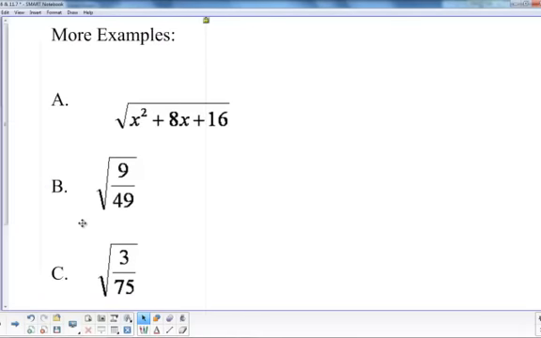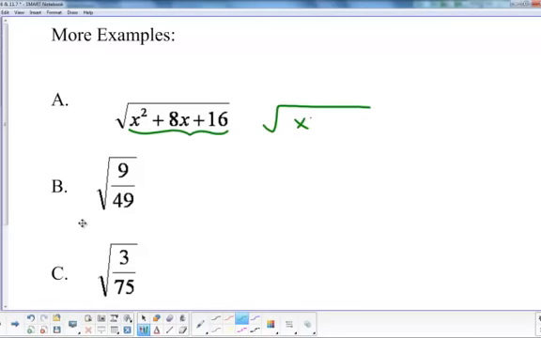In the first problem here, this is perfect squares. So this factors into x plus 4 squared. So the square root and a squared term cancel each other out. So that would just be x plus 4. You can't take the square root with plus and minuses, so you'd have to have it where it's linked together, or you would not be able to do it.